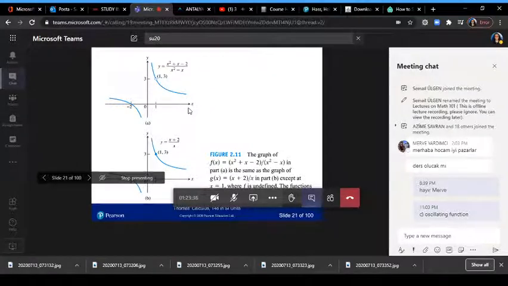What happens as x approaches 1 for this function? At x equal to 1, the value of the function doesn't exist because the denominator becomes 0. It's a bad point. 1 is a bad point.